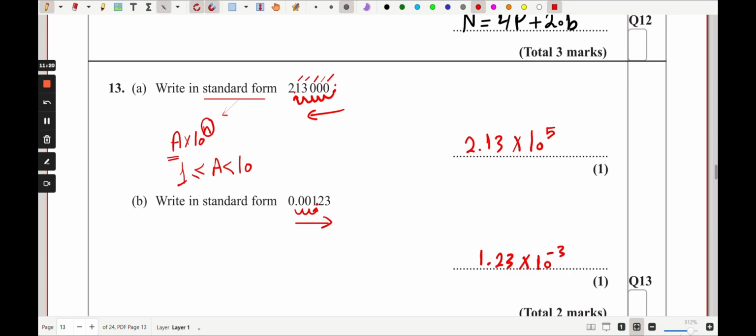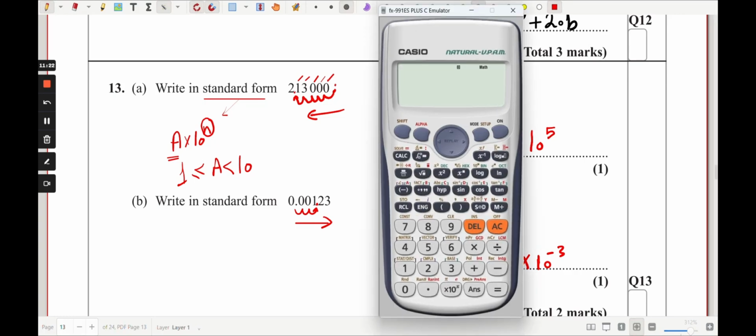By the way, if you want to use your calculator, sometimes in paper 4 they allow you to use your calculator. So if you want to use your calculator to change these numbers to standard form, the idea is first to set your calculator to standard form.